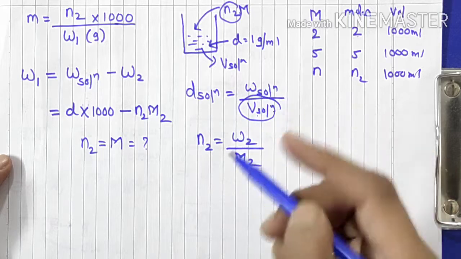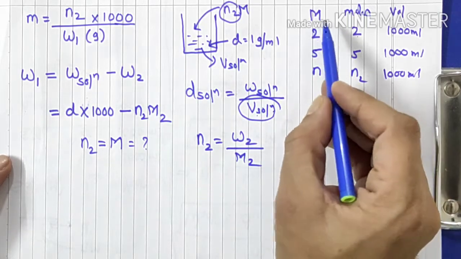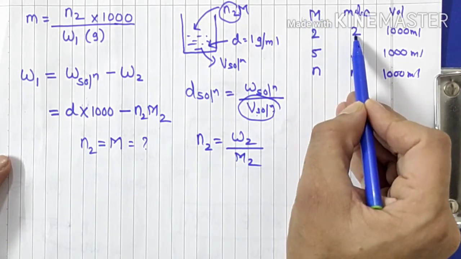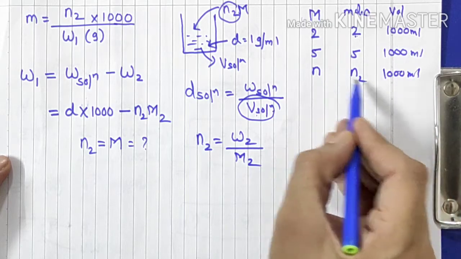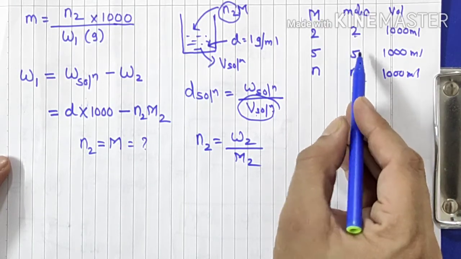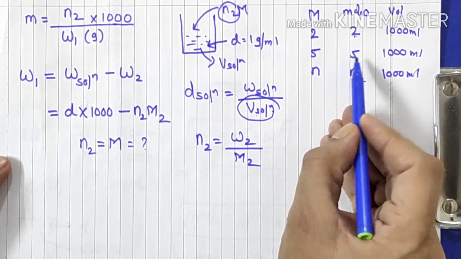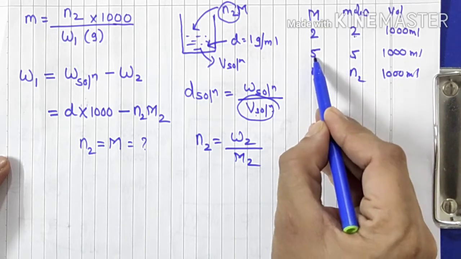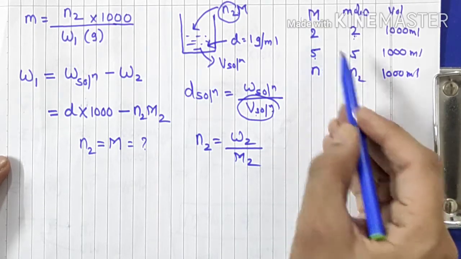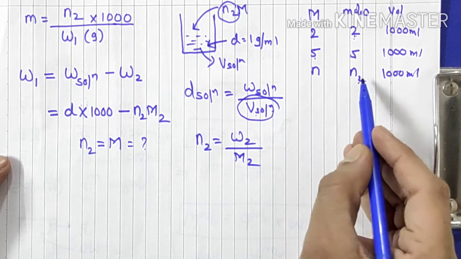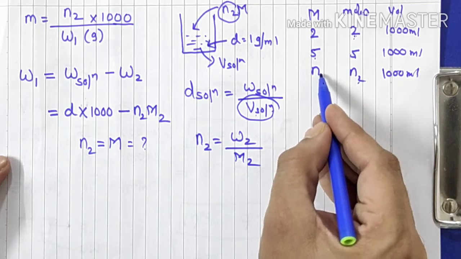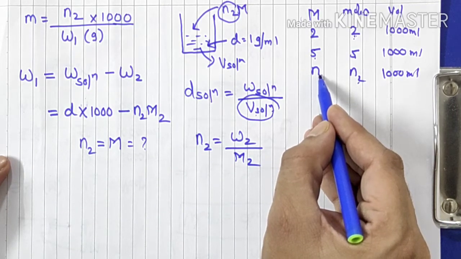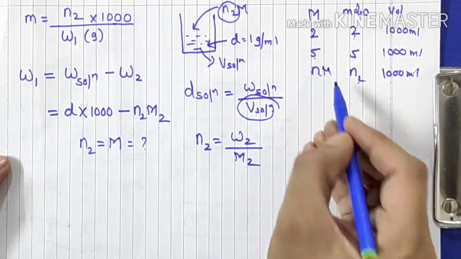So again, what I can observe is, whatever the molarity, that many moles are present. Molarity is 5, so mole is 5. Mole is 2, so molarity is 2. If mole is N2, so molarity will be N, correct? N molar.